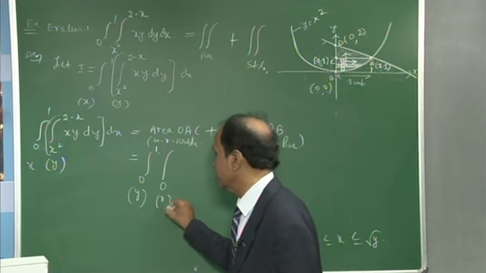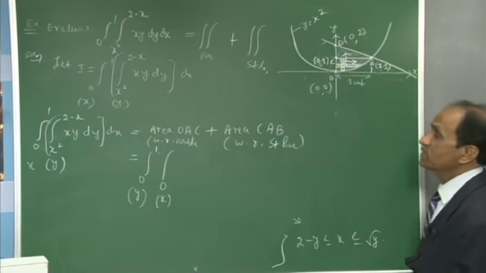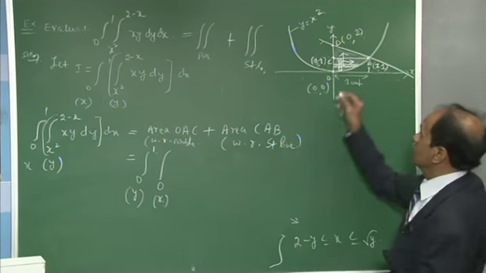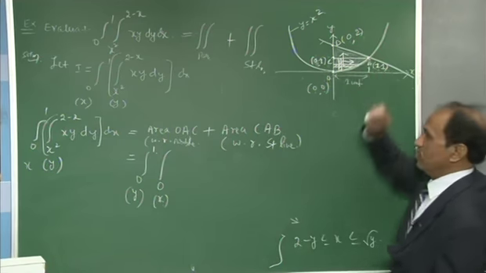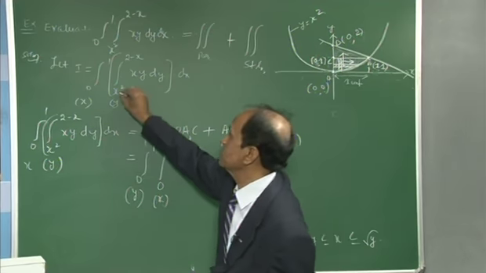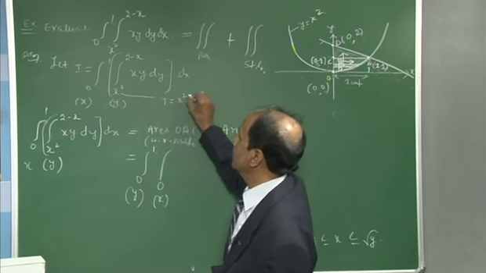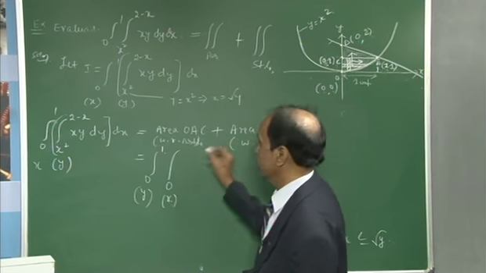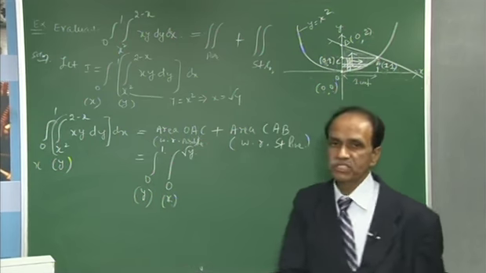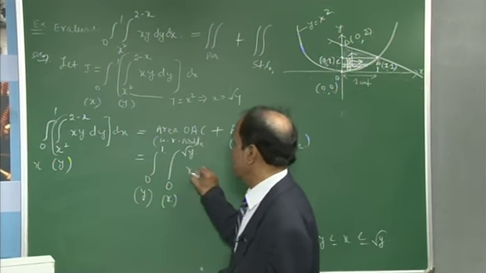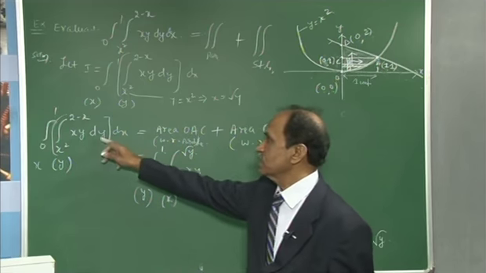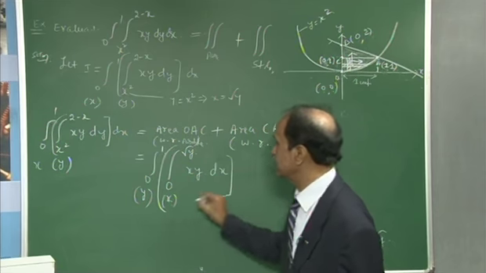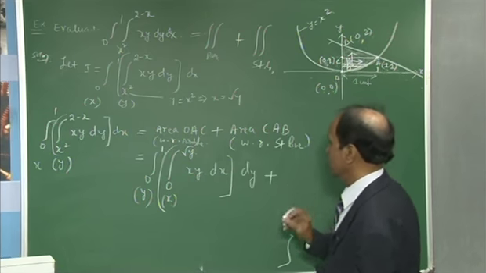Then it is for x, and how does that x move in terms of y? X is a function of y along the path of this parabola. Along the path of this parabola means y equal to x square, implies x equal to, I take only the plus sign, root y. Therefore, root y you must write. Then xy, earlier what is the order? Dy dx. Now you have to write dx first and then dy.